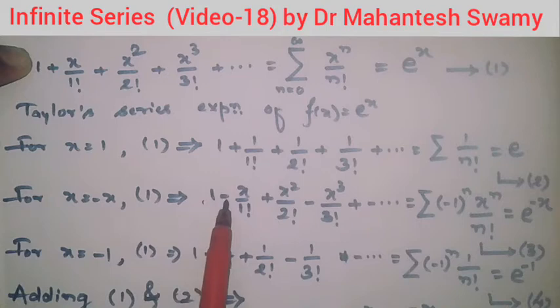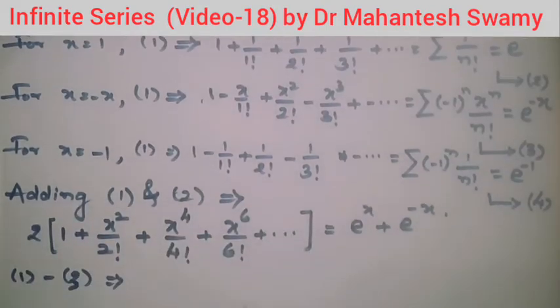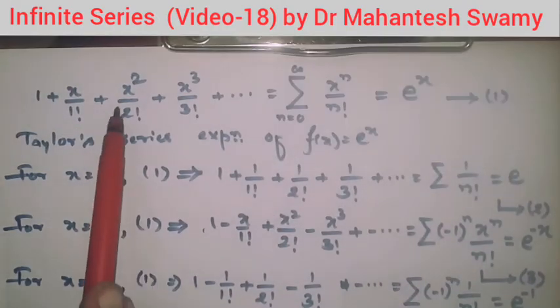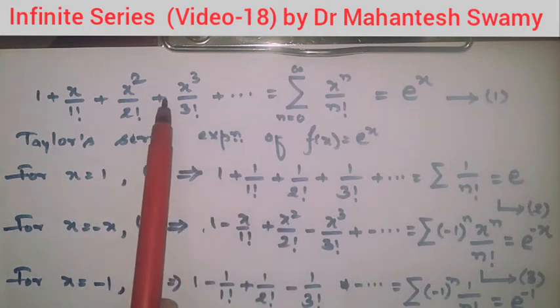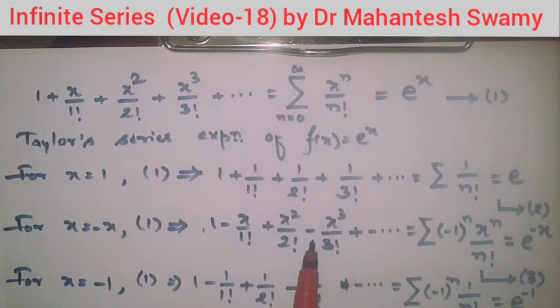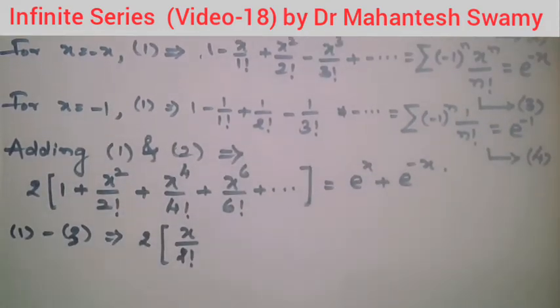So it is 2 times of x divided by 1 factorial. So that 2 if we write outside, x divided by 1 factorial remaining. Again here x square by 2 factorial minus x square by 2 factorial cancelled. X cube divided by 3 factorial minus of minus, it is 2 times of x cube divided by 3 factorial.